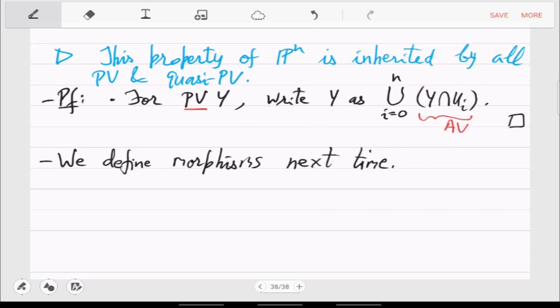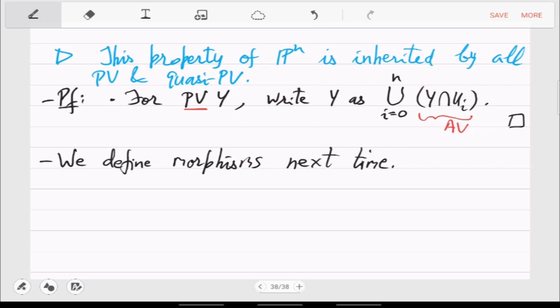So you cannot realize that space by any single affine variety. You can take it as an exercise, that this is not an affine variety, but it's a union of affine varieties.